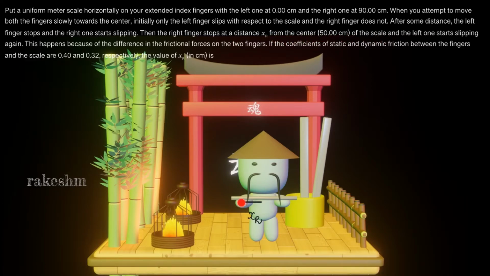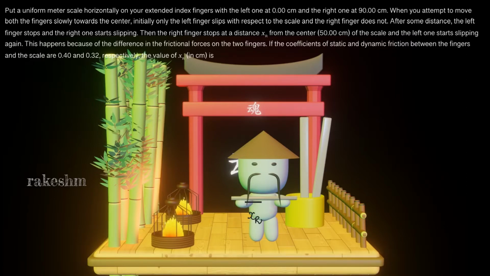After the right finger stops at a distance XR, the left one starts slipping again.